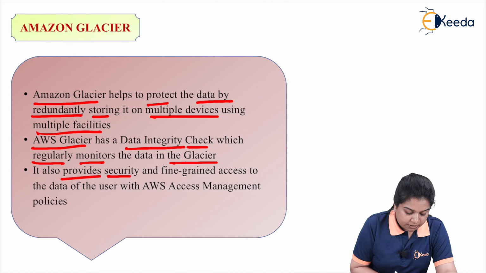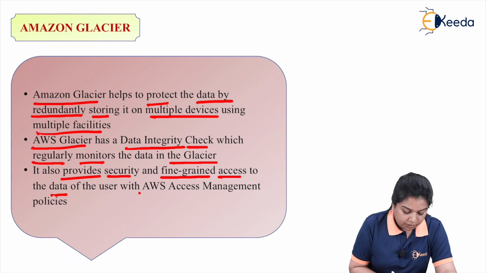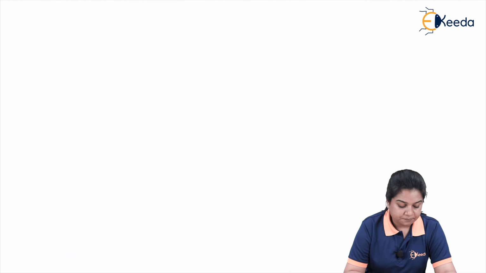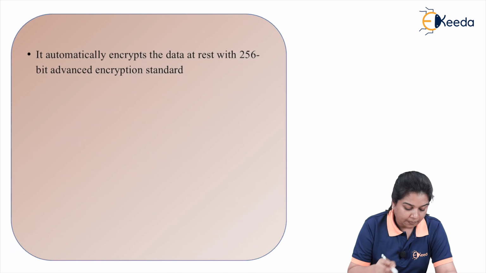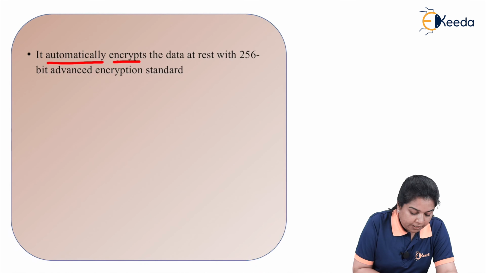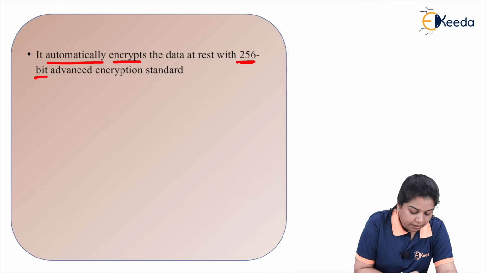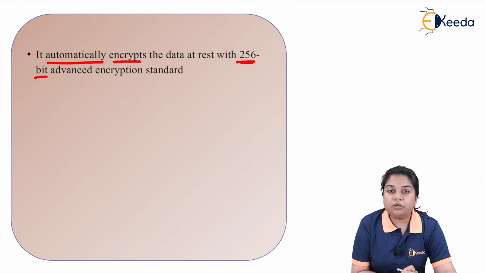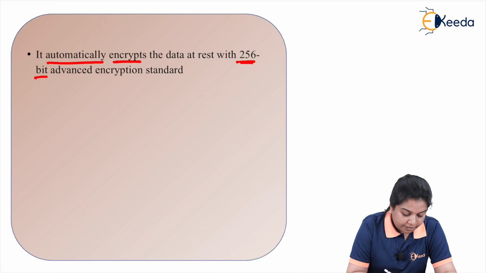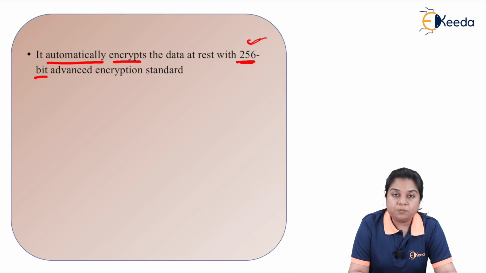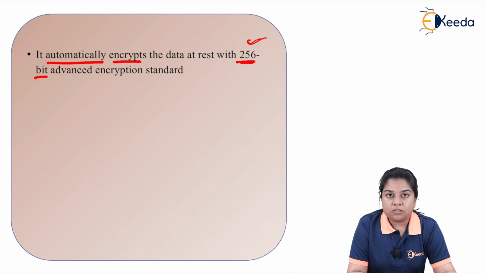It also provides security and fine-grained access to the data of the user with AWS access management policies. It automatically encrypts the data at rest with 256-bit Advanced Encryption Standard. That means the security for the data is provided with this 256-bit encryption algorithm.